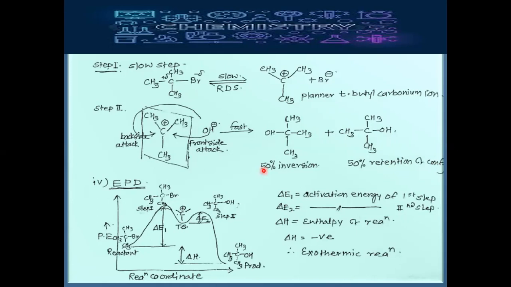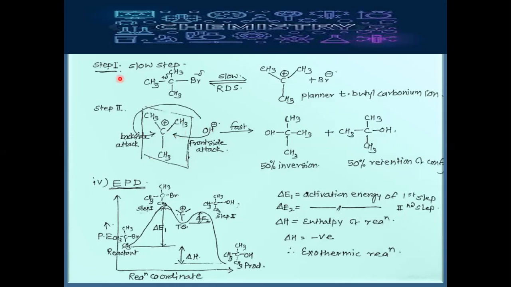This is called 50% inversion and 50% retention of configuration, meaning both are possible. Why? Because of its planar geometry. The tertiary butyl carbonium ion has planar geometry, so the nucleophile attacks from the backside as well as the front side.